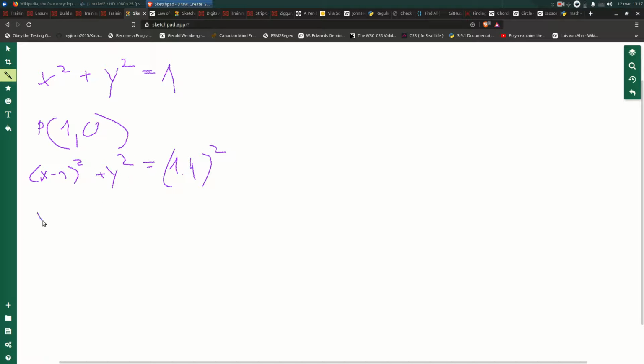Let's express y² here. Or no, not yet. Let's not express this yet, let's express y from over here. So y² equals 1 minus x².